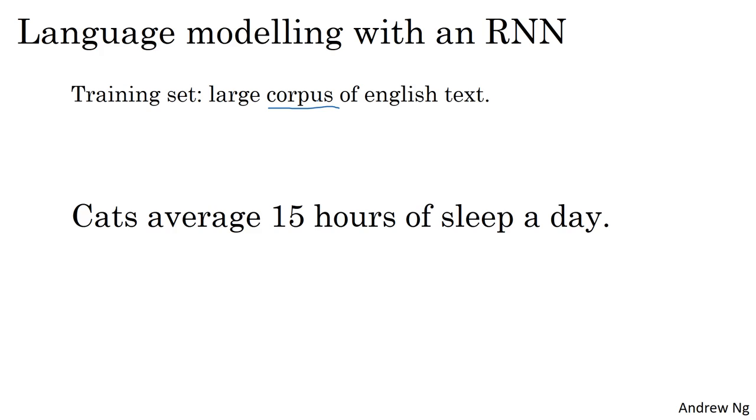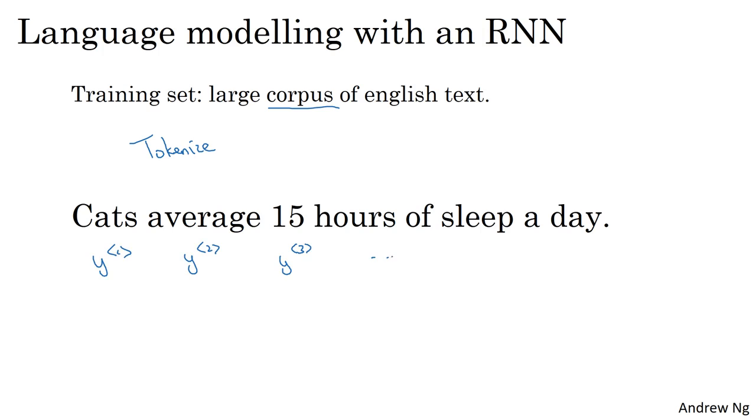So let's say you get a sentence in your training set as follows: Cats average 15 hours of sleep a day. The first thing you would do is tokenize this sentence, and that means you would form a vocabulary, as we saw in an earlier video, and then map each of these words to, say, one-hot vectors or to indices in your vocabulary.